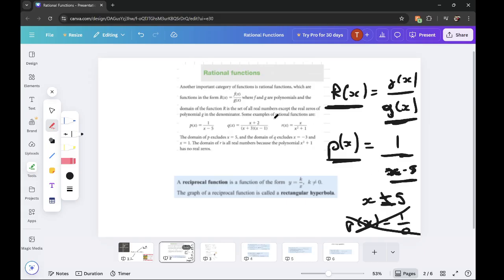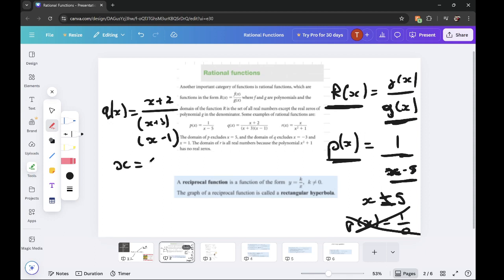And this applies for every single example that they've listed over here. So let's take q of x, which is x plus 2 over x plus 3 times x minus 1. The same thing applies over here. This is multiplied by each other.